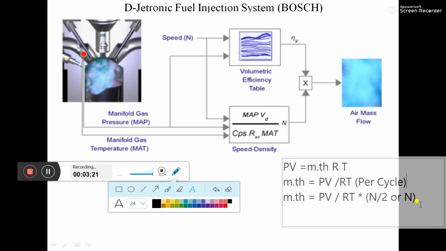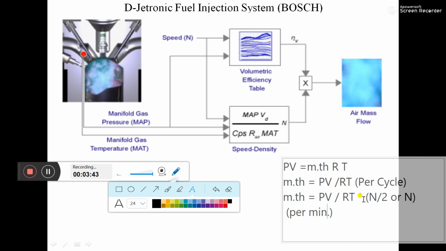Okay, this is the theoretical mass per second. With n by 2, or if it is revolutions per minute, then it is per minute, you can say.